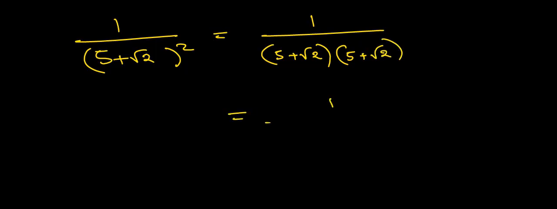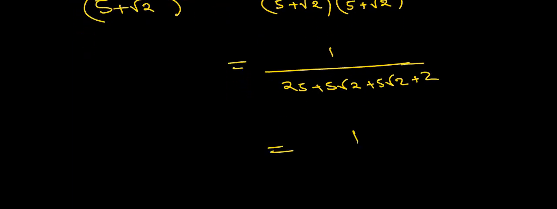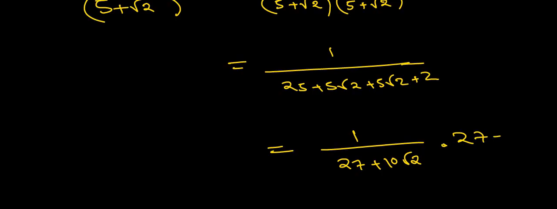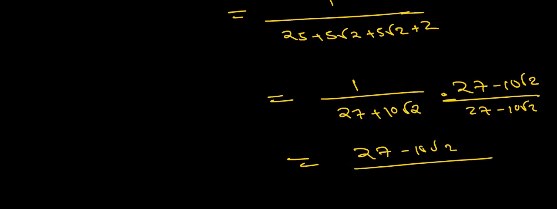Yeah, this is 1, this is 25, 5 root 2, then 5 root 2, then plus a 2. Then the down part is going to be a 27 plus 10 root 2. Then here now again rationalize 27 minus 10 root 2. Yeah, this is what we have. It's okay? Yeah, we'll finish. Okay, that's fine. It's fine? Okay, I'll finish it off.